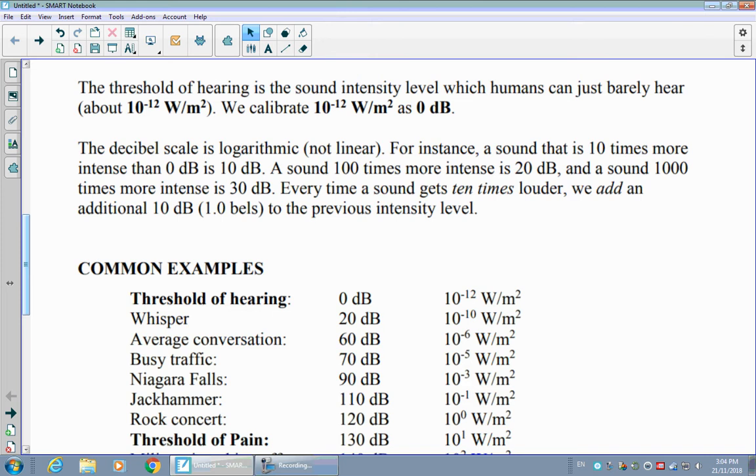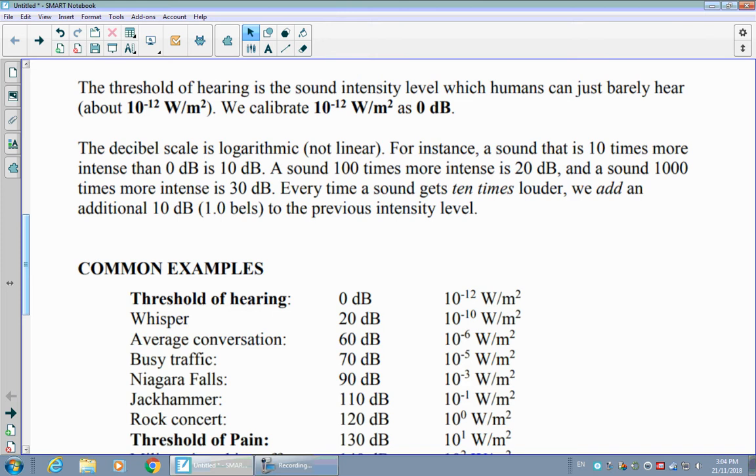From there, though, the decibel scale and the watts per meter squared version of the scale relate to each other not in a linear way, but in a logarithmic way, which means that every time our sound gets 10 times more intense, we increase our bells by 1. Or in other words, we increase our decibels by 10.